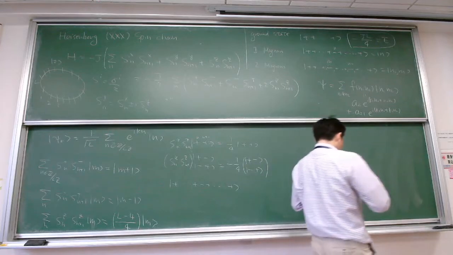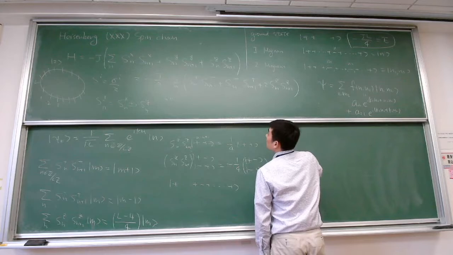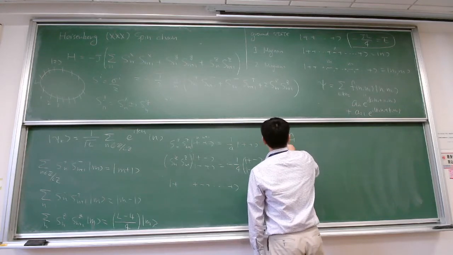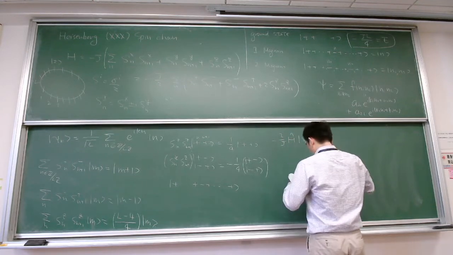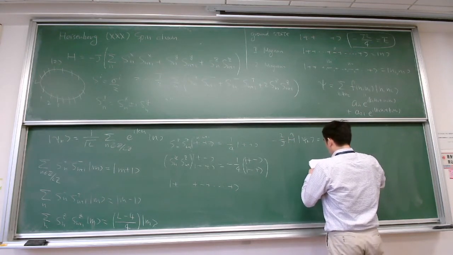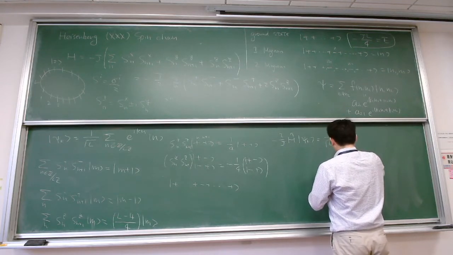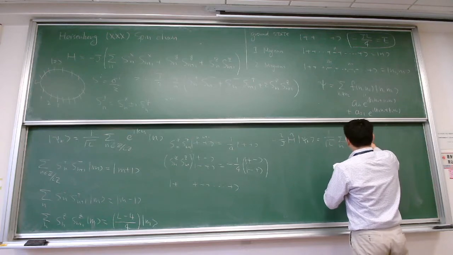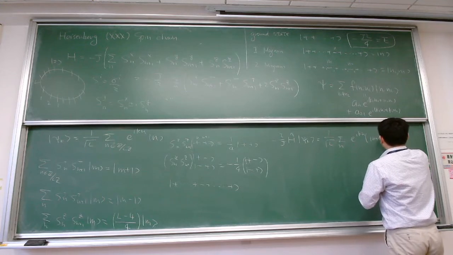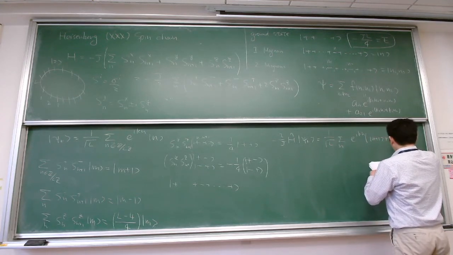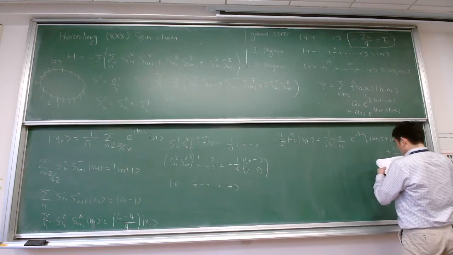Okay, so if the Hamiltonian acts on, let's normalize, minus 2 over J, 2 over J acts on this psi k states. Then what we get is essentially square root L sum over n e to the I k n, n plus 1 plus n minus 1 plus L minus 4 divided by 2.